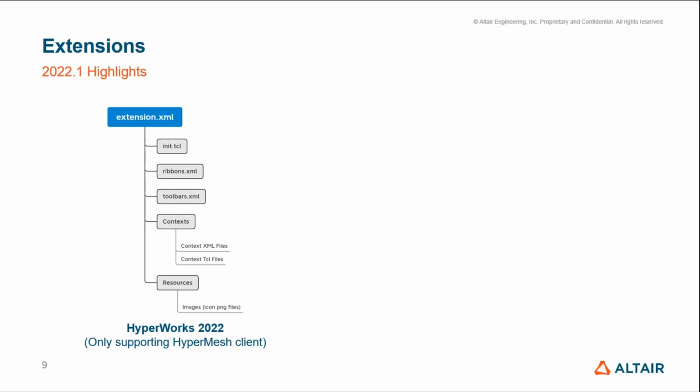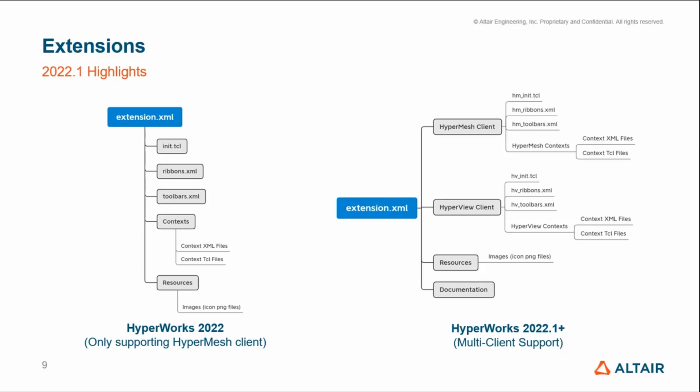It can contain the initial TCL file, ribbons, toolbars, contexts, resources, etc. And now the structure can look a bit different, right? I can bring custom content to HyperMesh and organize it into a separate folder in the extension. I can have custom content for HyperView, MotionView client, HyperGraph as well, right? All of them are supported.